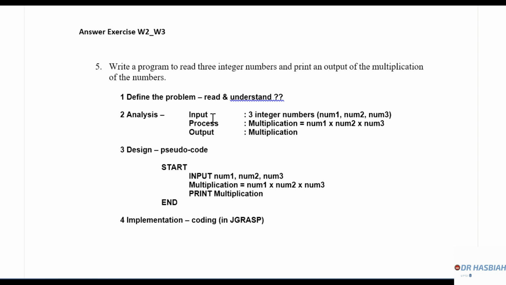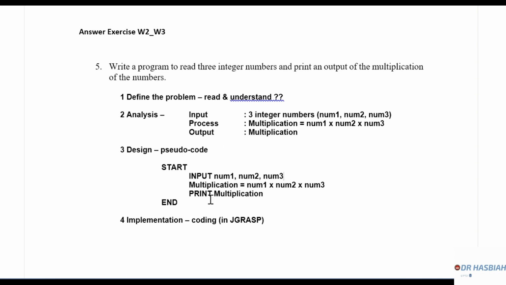So you have input: num1, num2, num3. We don't write 3 integer numbers here, we just put num1, num2, and num3. And then the process, we just copy the formula that we have here: multiplication equals num1 times num2 times num3. And then output, you just print multiplication. So you complete the pseudocode here.